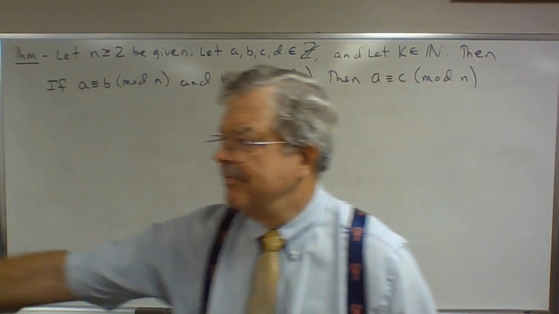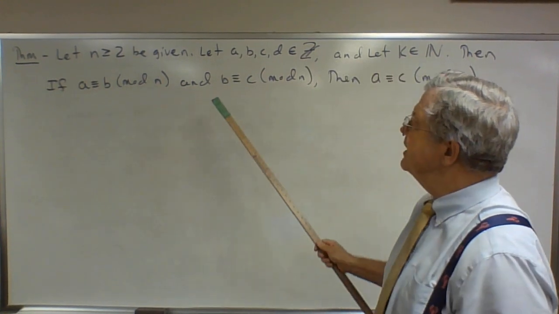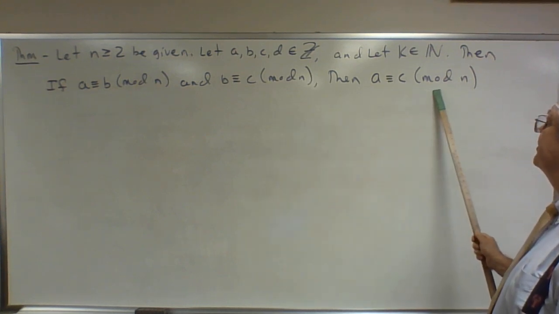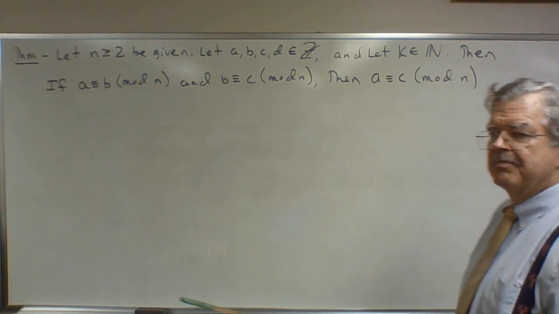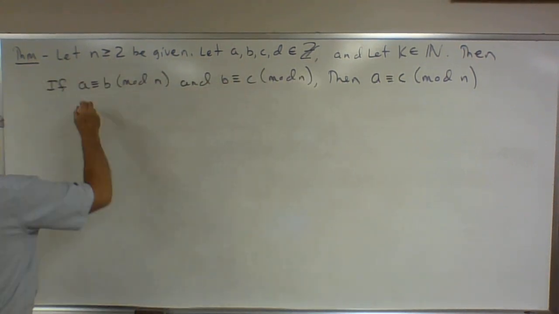Next, if A is congruent to B mod n and B is congruent to C mod n, then A is congruent to C mod n. So here's our hypothesis.